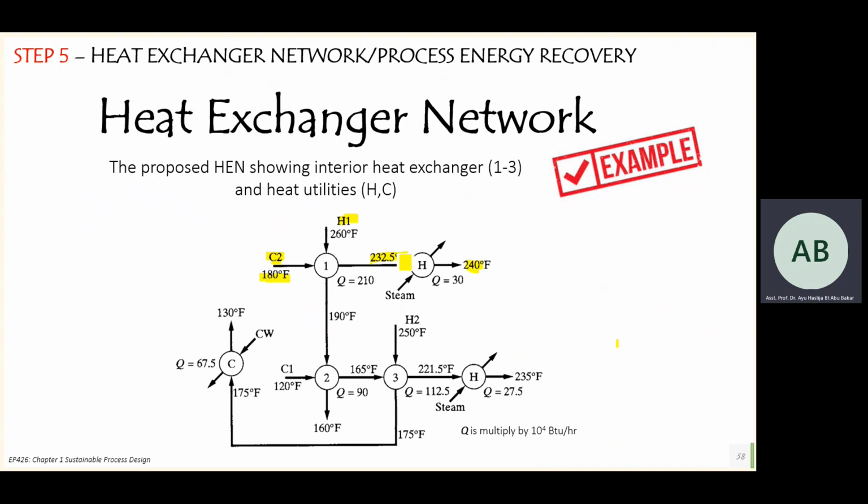But if it still doesn't meet your required temperature, you will need to supply some steam. So this steam perhaps uses lower energy compared to if you don't have this heat integration. Okay, can you understand? So we do heat integration to reduce the utility consumption.